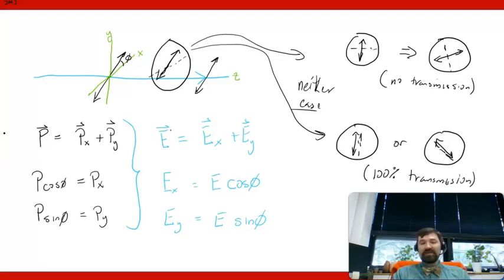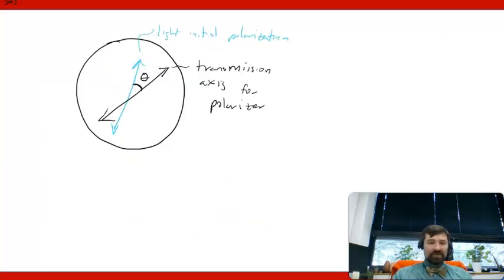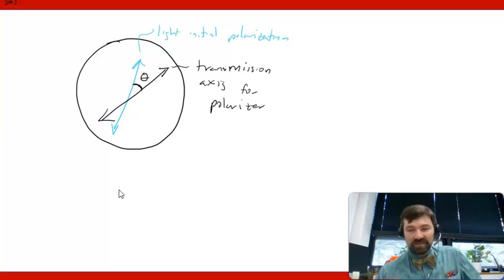Well, what we're doing here is kind of similar to what we did in Physics 1 when we encountered an inclined plane or a ramp. So we say, let's change the axis so that instead of using horizontal x and vertical y, let's use x to be the axis that is along the polarization direction.